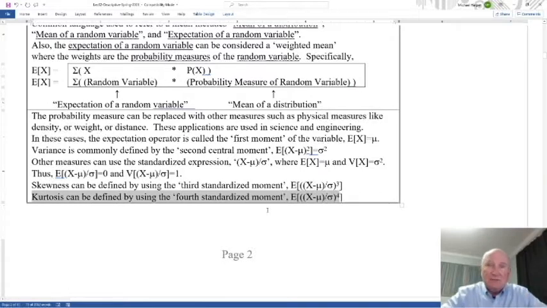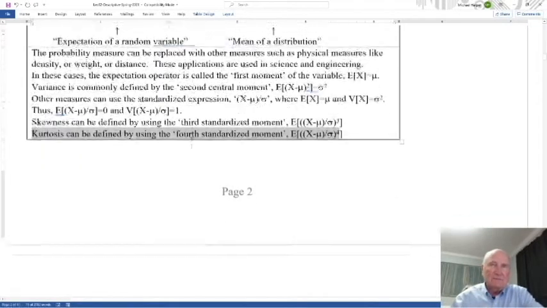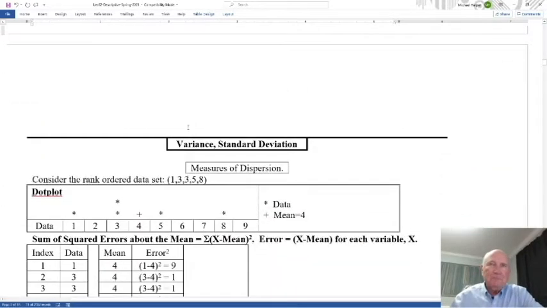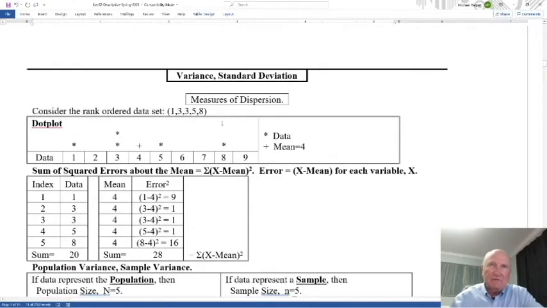In other applications, kurtosis becomes important, where you're deviating from the kurtosis of a normal distribution. But skewness is important. Skewness just means the slant or the non-symmetry of a distribution. And we will talk about that next, just after the variance and standard deviation.